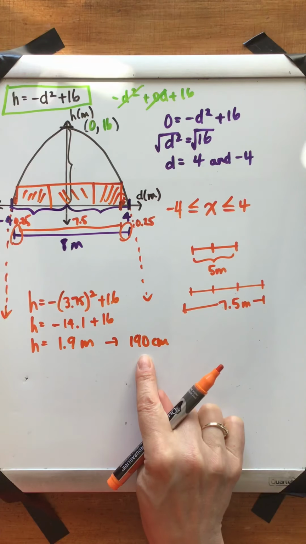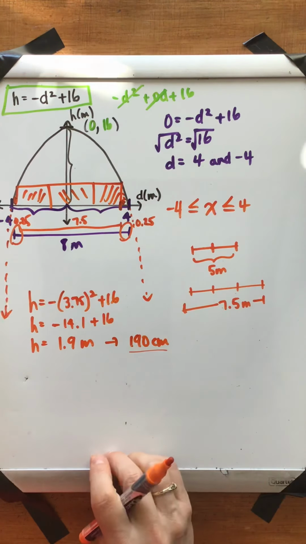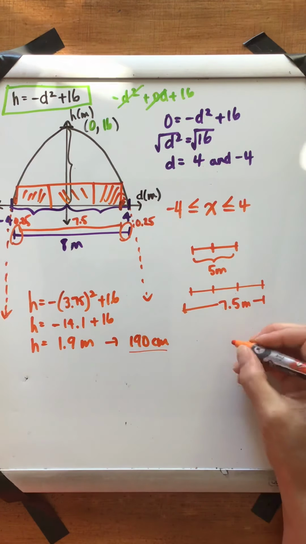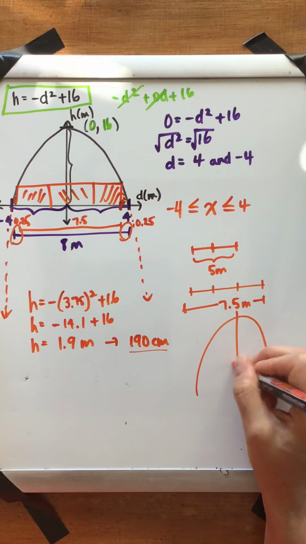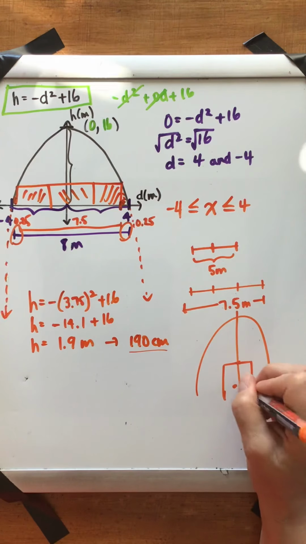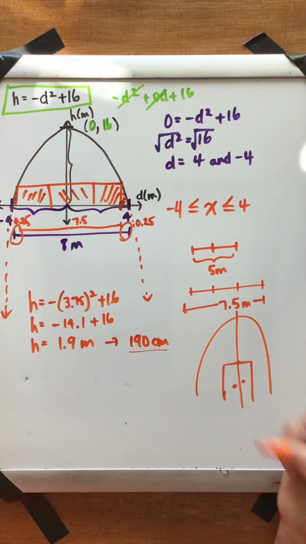So how many doors could you fit across? Technically, you can fit 3. They're only 190 centimeters tall. That'll work for a lot of the population, but not all of it. You're probably better off having 2 doors inside that arch instead. Maybe 1 to the left and 1 to the right, and they'll be able to be big and majestic and be able to open up, and everyone will fit inside.